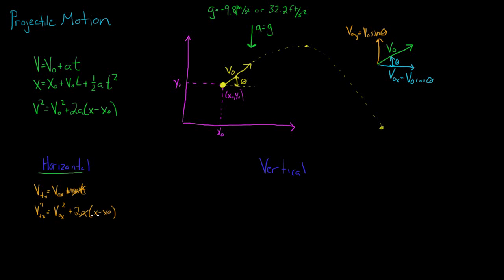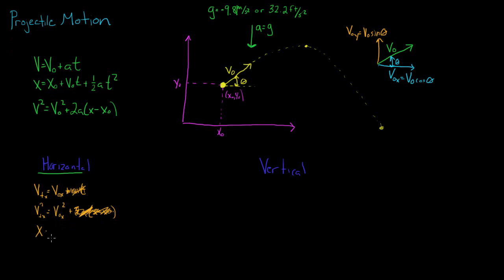And again, there is no acceleration, so this term goes away. Both these equations say the same thing, that the initial x component of velocity is equal to the final x component of velocity.